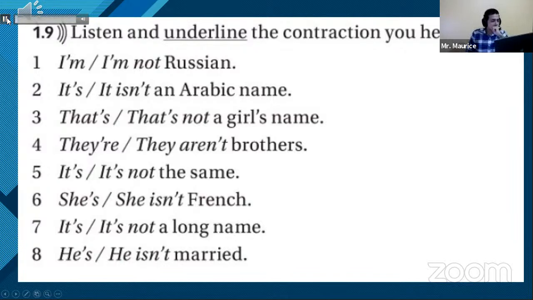Audio 1.9. 1, I'm Russian. 2, It isn't an Arabic name. 3, That's not a girl's name. 4, They aren't brothers. 5, It's the same. 6, She isn't French. 7, It's a long name. 8. He isn't married. Okay, that's perfect.